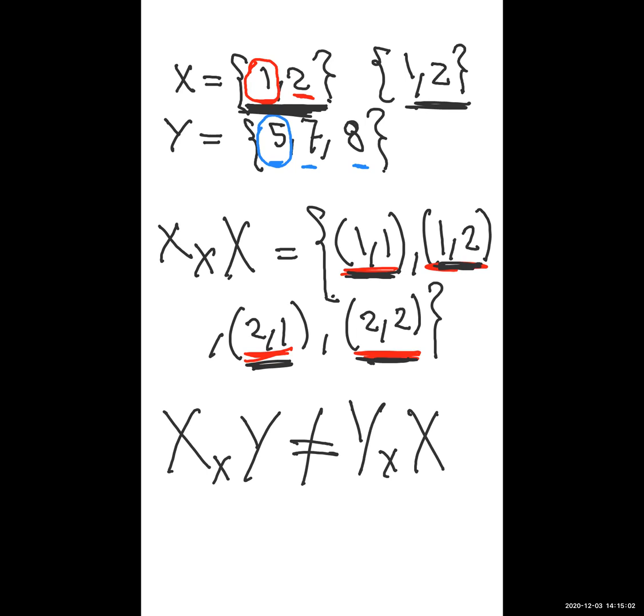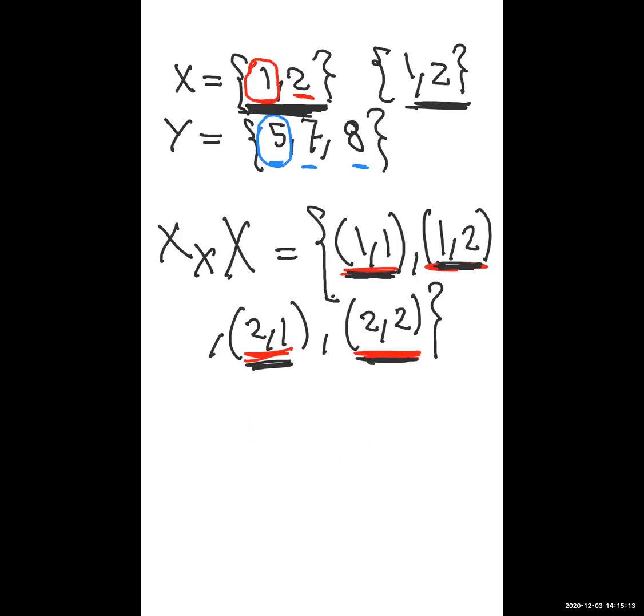The next point is about the number of elements of a set. Here, guys, we have X and Y. Number of elements of X, how many elements do we have in X? It's 2.